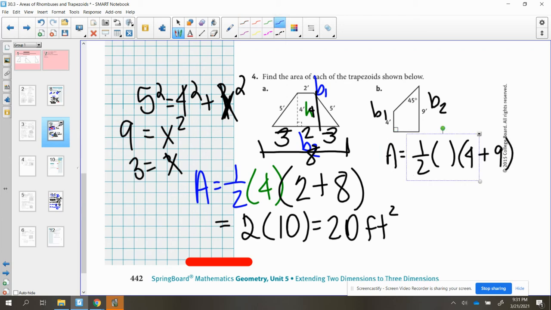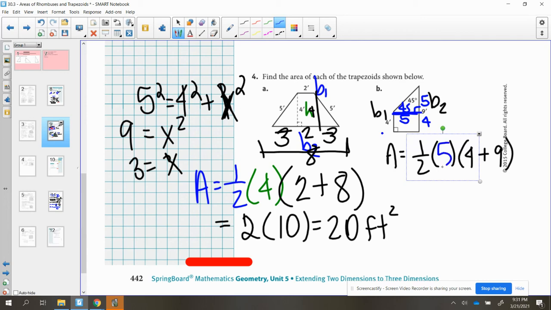Now the height this time is going to be found by looking at the fact that this is a 45, 45, 90. Now if this is 4, this is 4, this would be 5. So we have a 45, 45, 90 right triangle. If this leg is 5, so is the other side across from the 45.